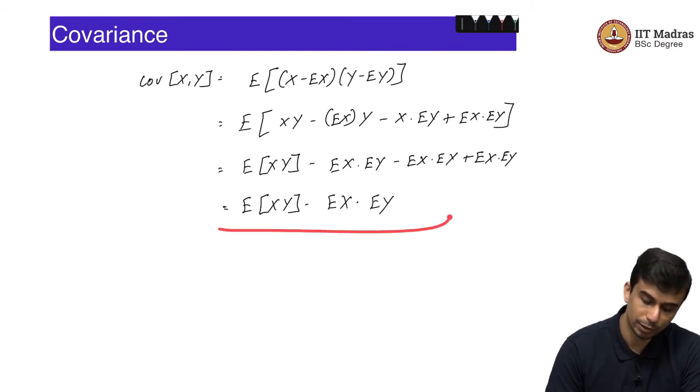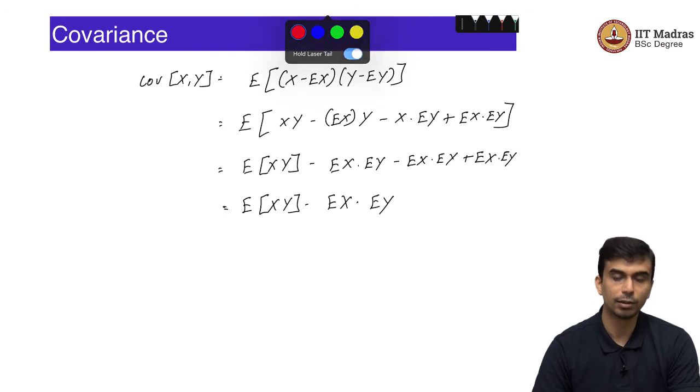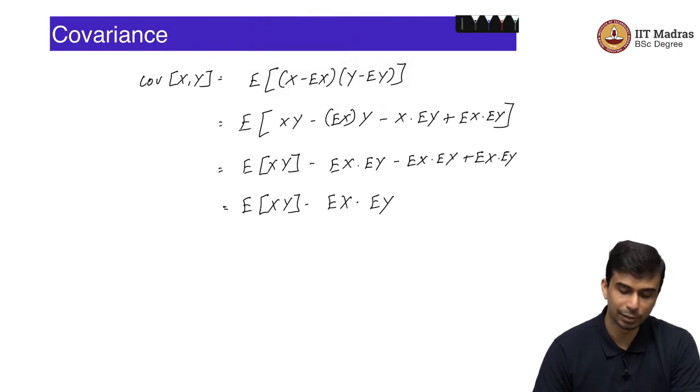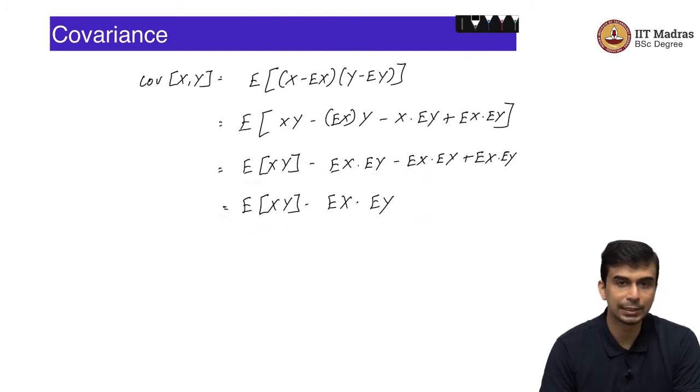Together you get Exy minus Ex into Ey. This would be another definition of covariance you might see, and you can see that if x is equal to y, you get back the old definition of variance, which is Ex squared minus Ex the whole squared.